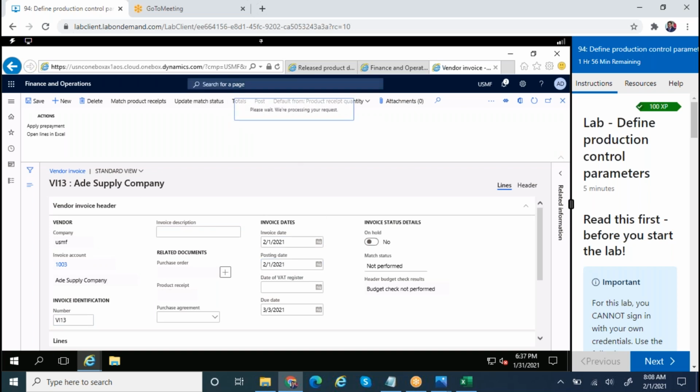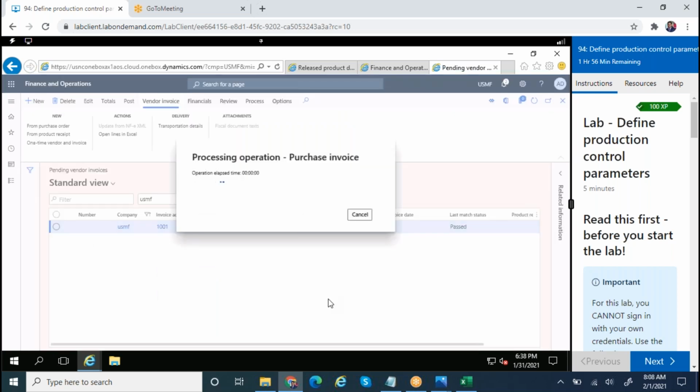It is simple. I'm posting for C002, pressing this button. So it was posted for the C002 item.